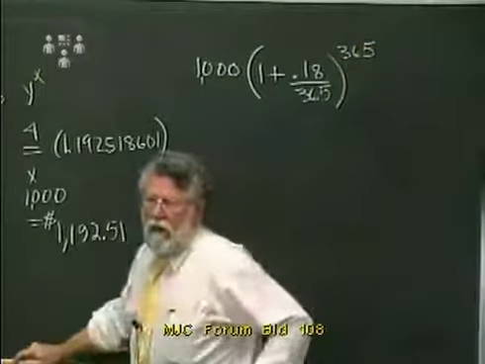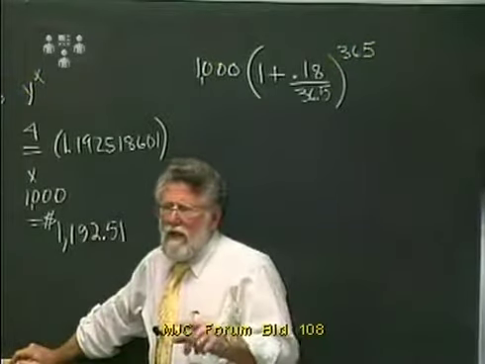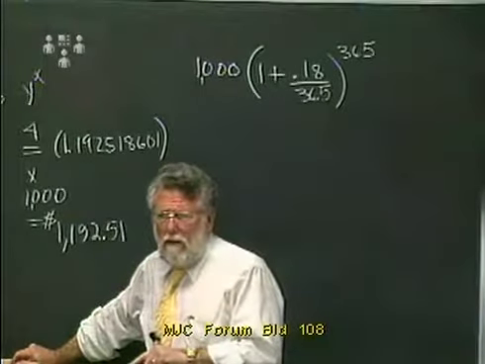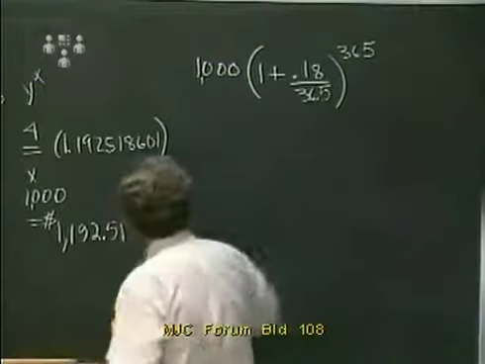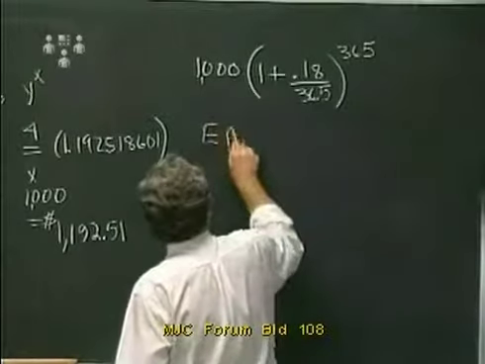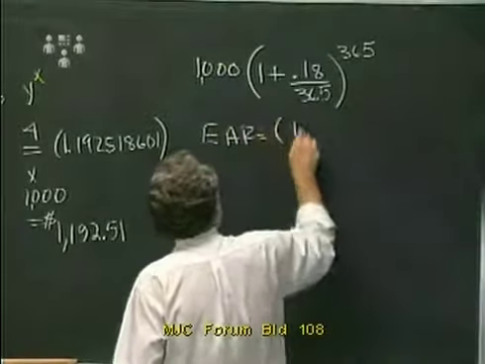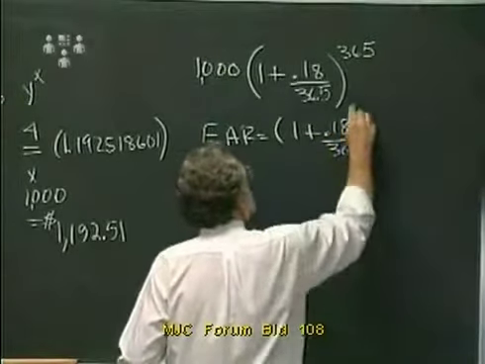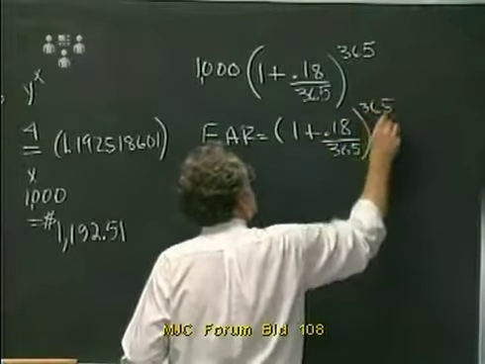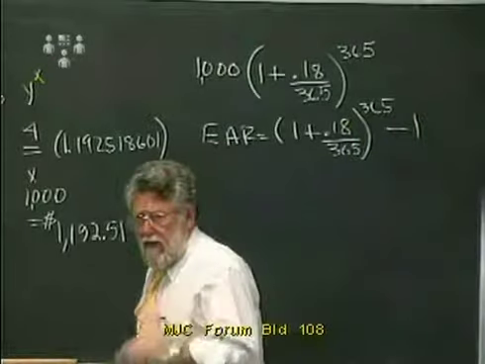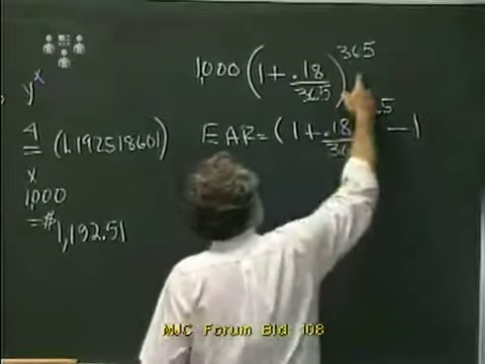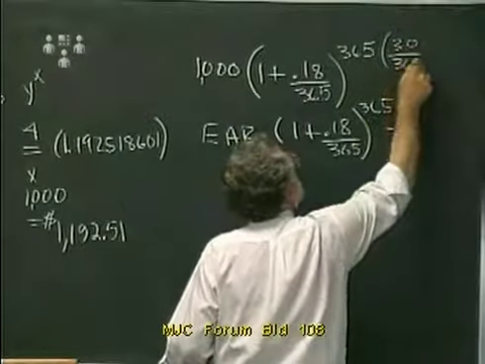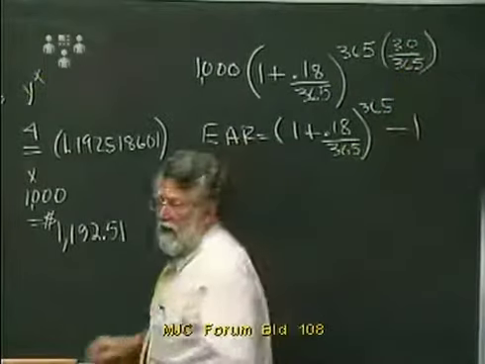Now that becomes important because that's going to give me my EAR when I do that and subtract 1. So just a reminder that the EAR is going to be this 1 plus 0.18 over 365 to the 365th power minus 1. We're going to get that in a moment. But this is times 30 over 365 because I'm only doing it for 30 days.